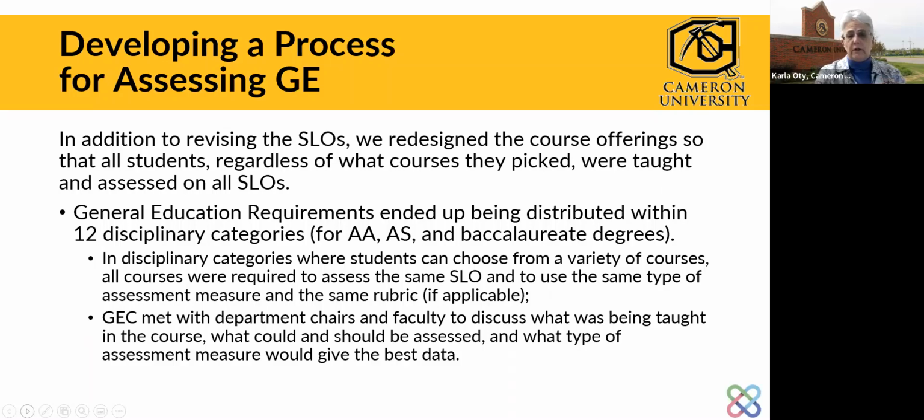The general education committee met with department chairs, and they talked about what was being taught in the course, what could and should be assessed, and what type of assessment measure would give the best data. These could be some difficult decisions because you have some courses that have been in gen ed for a long time and they don't align with any of the student learning outcomes.